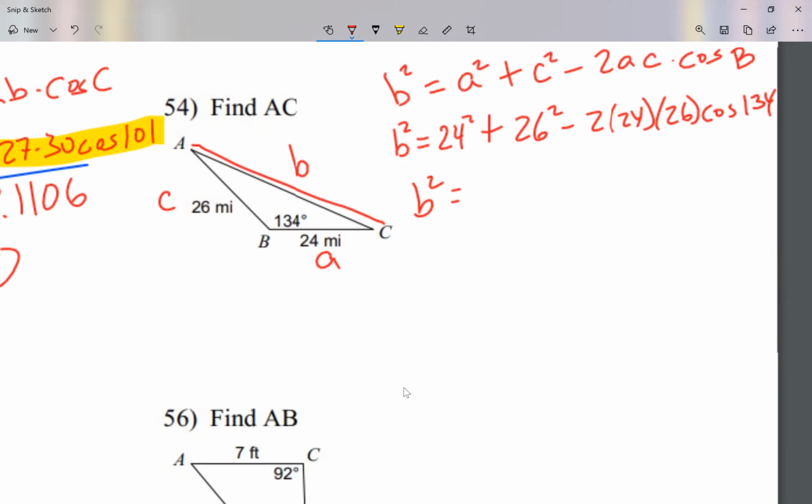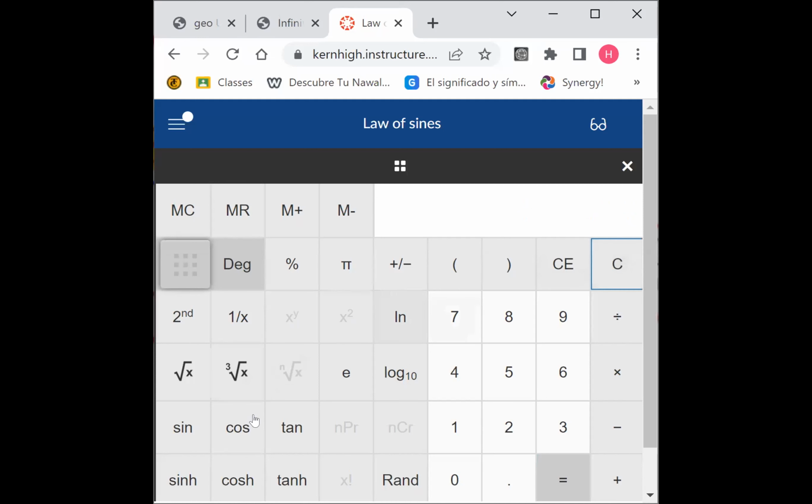All right, I have to type all that in. So 24 squared plus 26 squared minus 2 times 24 times 26 times cosine of 134. Not quite done, so round it to 4 decimal places. 2,118.9336.